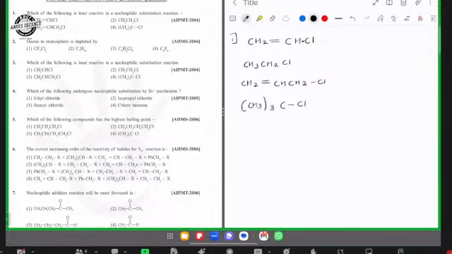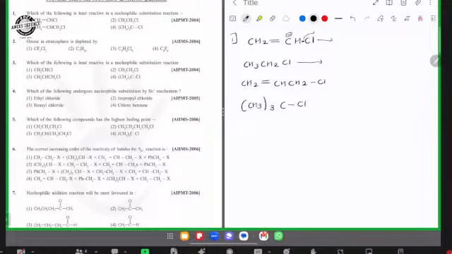So for nucleophilic substitution, our system should be more electrophilic in nature. When Cl gets removed, we get a system which is more electrophilic. In option one, Cl is directly bonded to a doubly bonded carbon atom, so it goes into resonance and is not electrophilic.